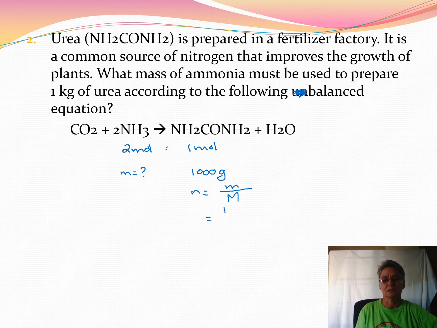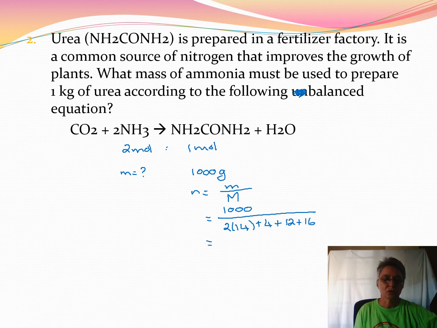So the mass is 1,000, and the molar mass is, there are 2 nitrogens, so it's 2 times 14. There are 4 hydrogens, so it's 4. There is a carbon, that is 12, and an oxygen, that is 16. So this is 1,000 divided by, I haven't added these, 28 plus 32.